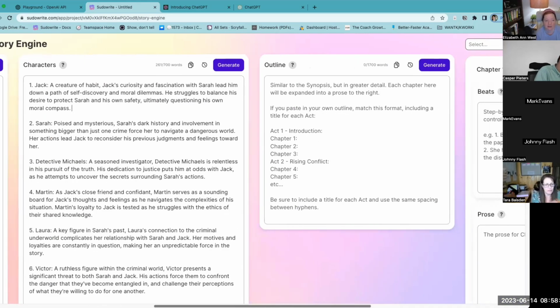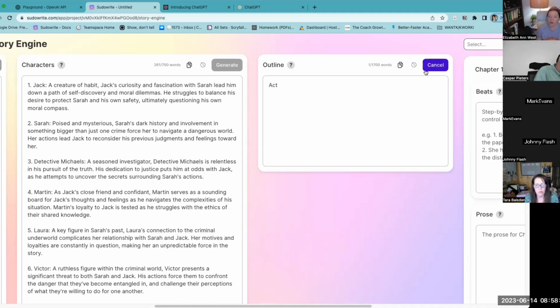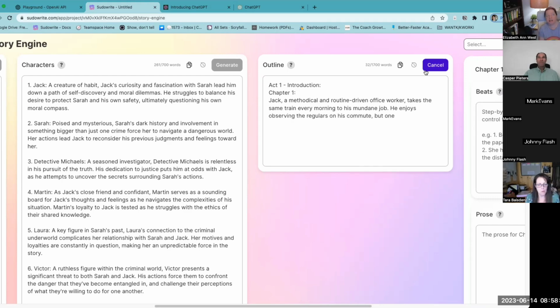All right, so then the next step is generating the outline. And again, you can bring any outline to the party that you want, because all your outline has to do is be in this format. You can literally have an outline that's longer than 12 chapters if you want to. Some people have wondered, what if I have 41 chapters, Elizabeth? That's not going to fit in 1,700 words.